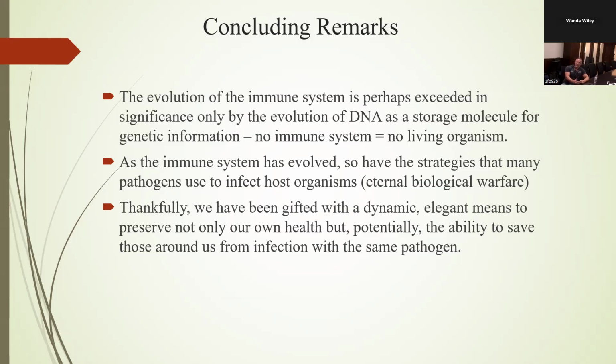If you don't have an immune system, you're not going to have a living organism, because we're constantly being exposed to pathogens in the environment. Not just us. Animals out there are fighting the same battles that we are. Many of the pathogens that infect us also infect animals. If you don't have a way to defeat pathogens, that organism's not going to survive.